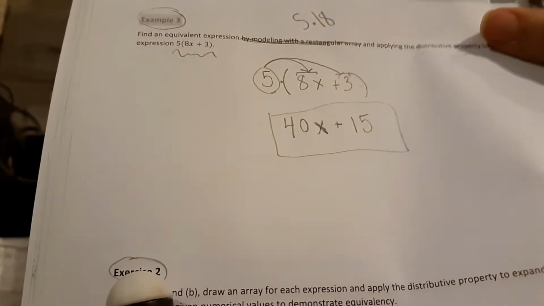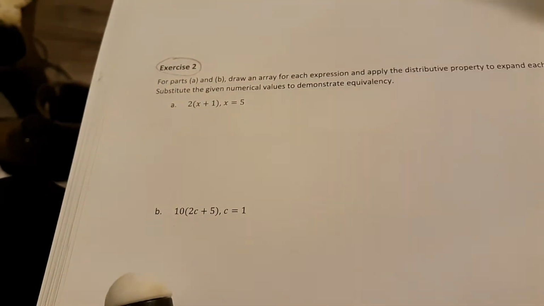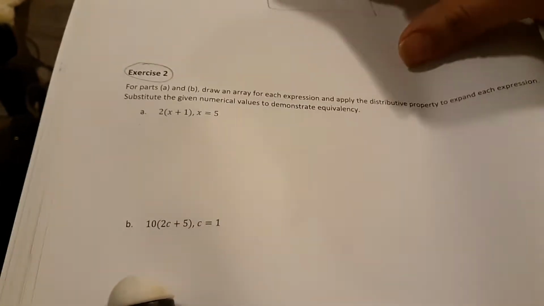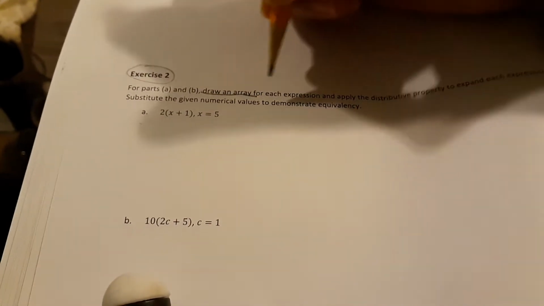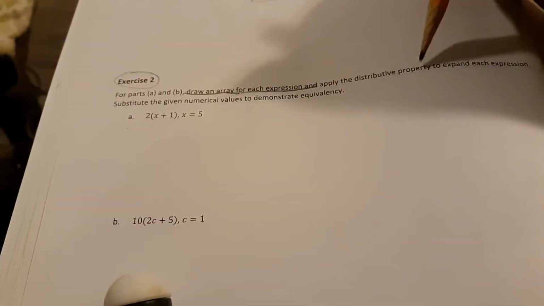Let's move on to exercise 2. So this one's a little bit different. It's similar but slightly different. So same page, exercise 2. For parts A and B, draw the array. We're not going to draw an array, but we are going to apply the distributed property to expand each expression.